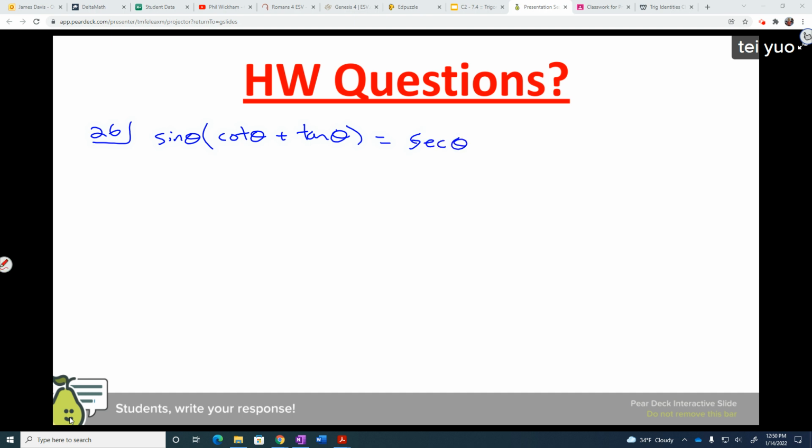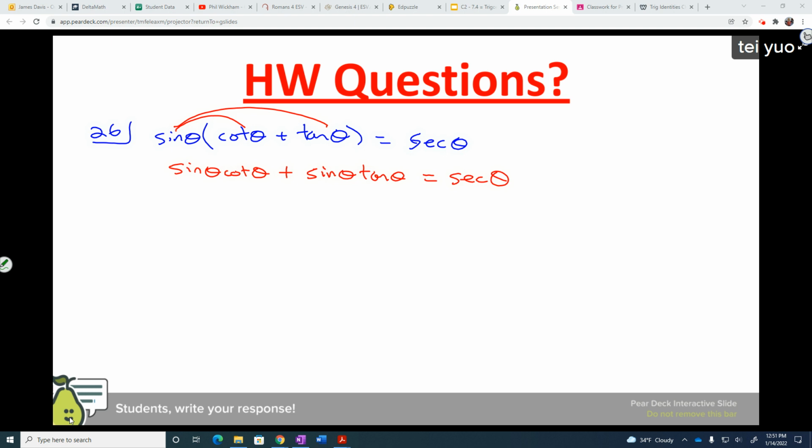Your first step, you have two options. You can either distribute, or you can replace these first and then distribute. Let's just distribute to start. We'll distribute that into both. We get sine theta cotan theta plus sine theta tan theta equals secant theta.